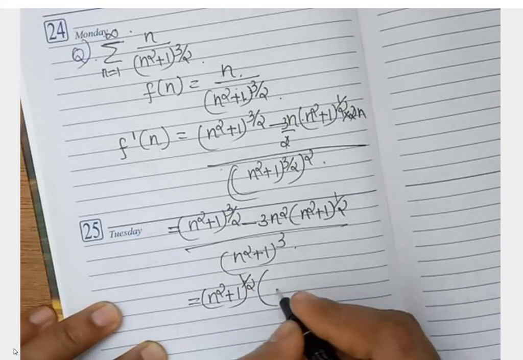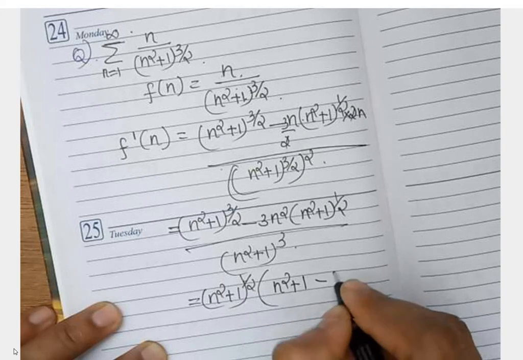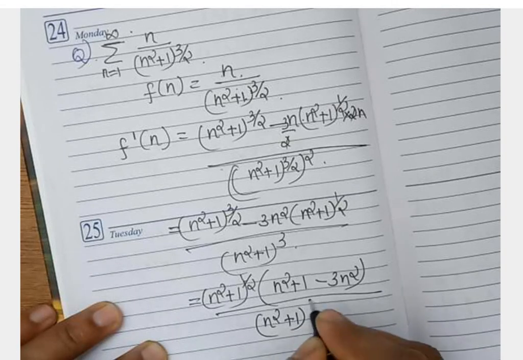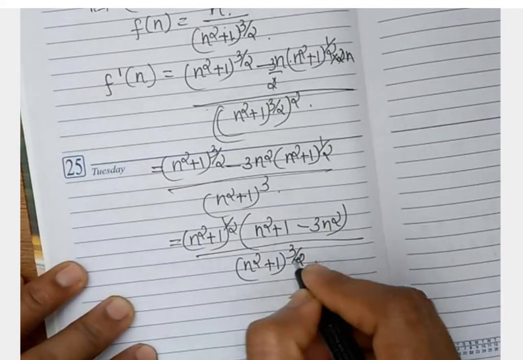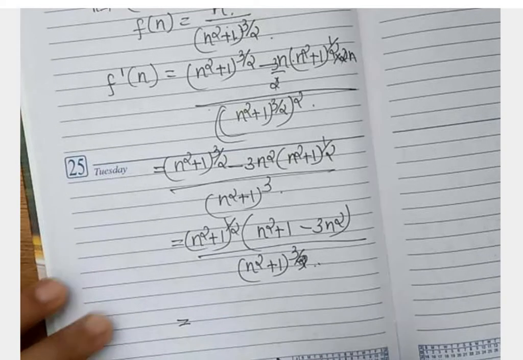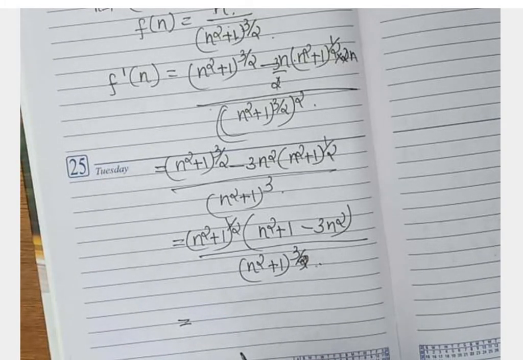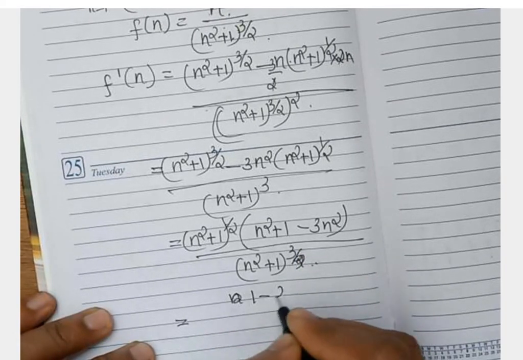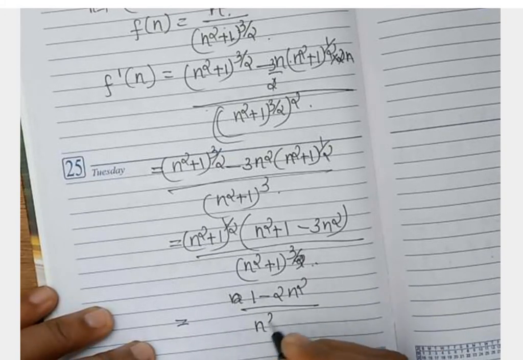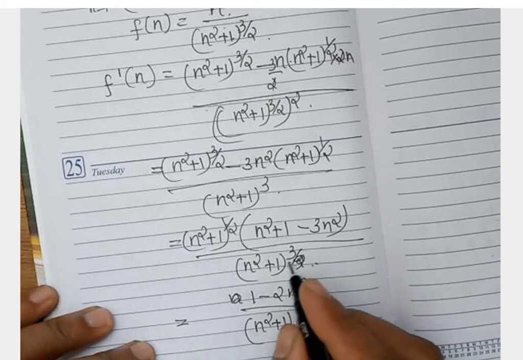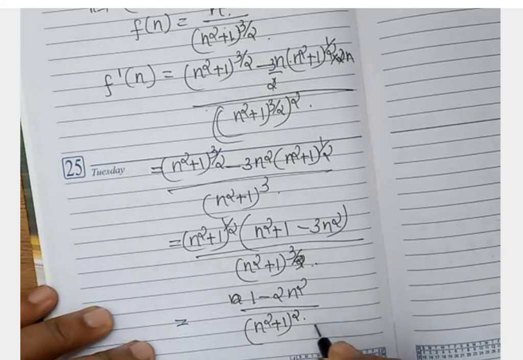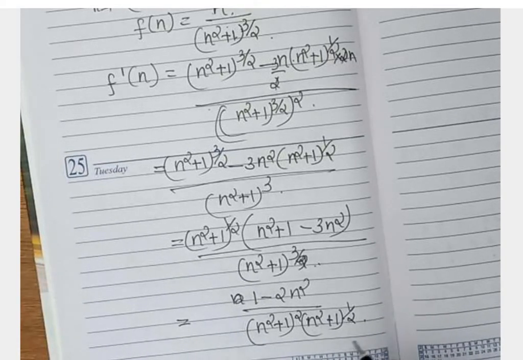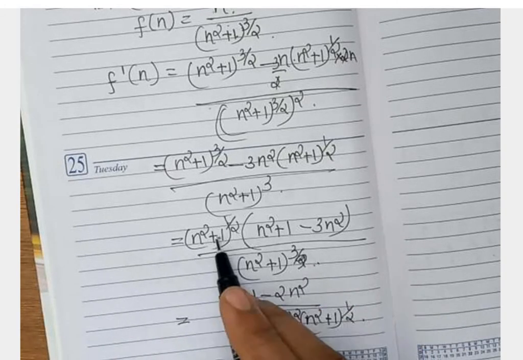So this is (n²+1) minus 3n², divided by (n²+1)^(3/2)... this is 1 minus 2n² divided by (n²+1) into the square root of (n²+1), and the square root gets cancelled.